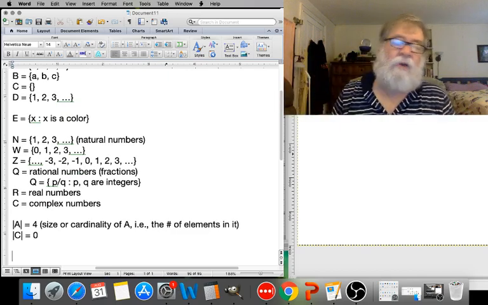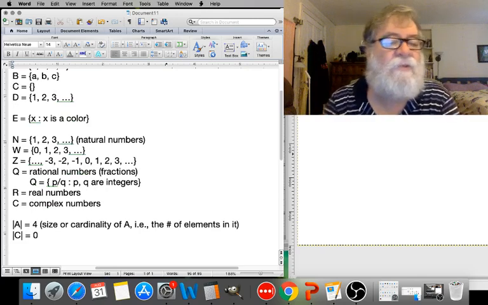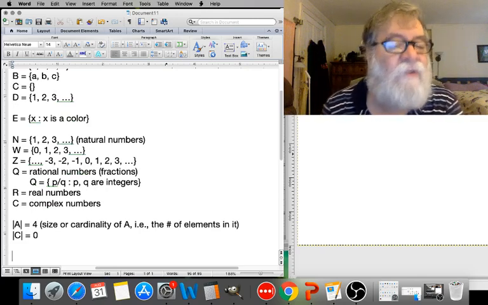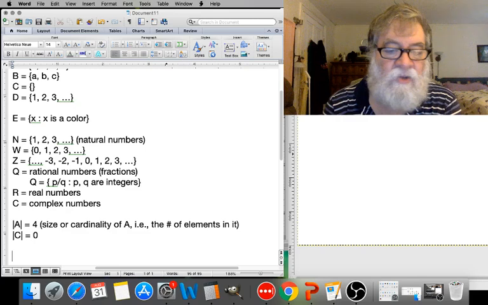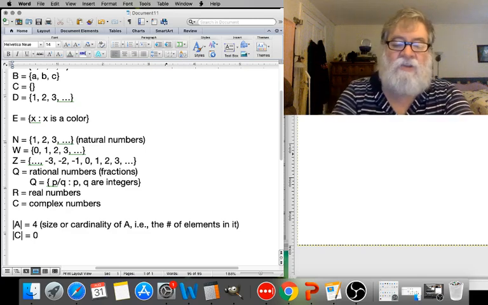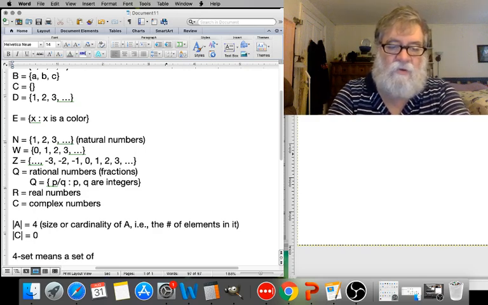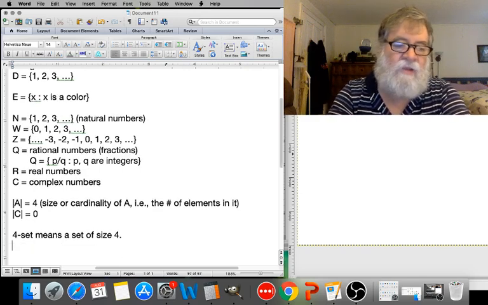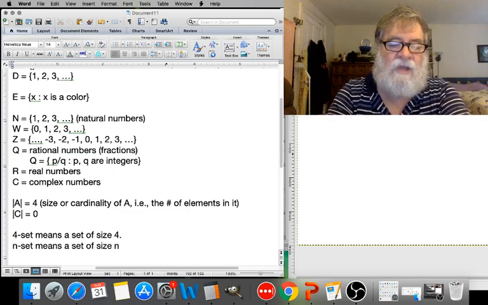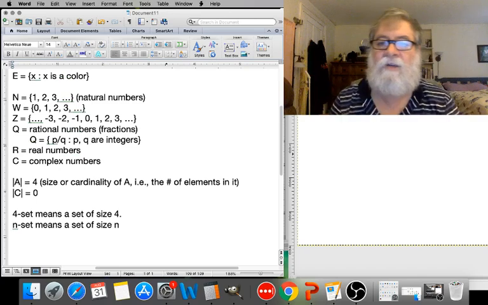Cardinality is a little more accurate word than size sometimes, because sometimes size isn't used to refer to infinite sets, and cardinality can. But I'll use size a lot of the time, and that'll be fine. I'll also talk about something like a 4 set to mean a set of size 4, and so on. An n set means a set of size n.